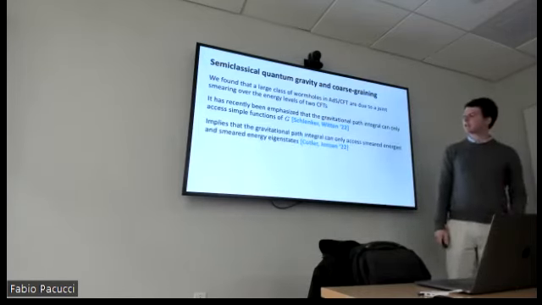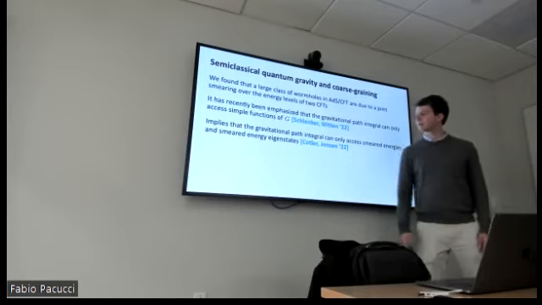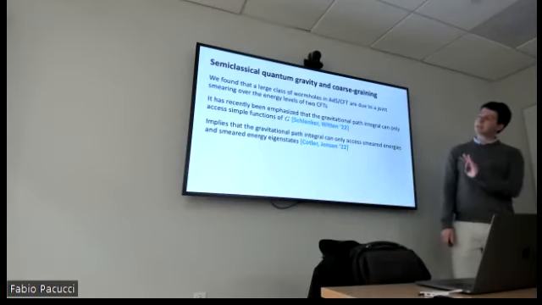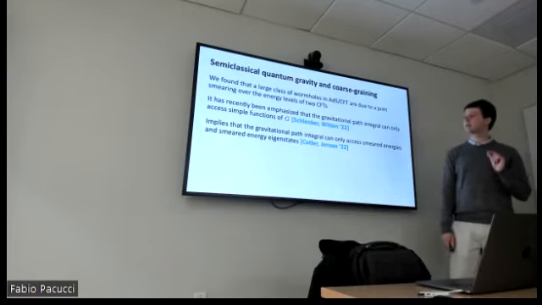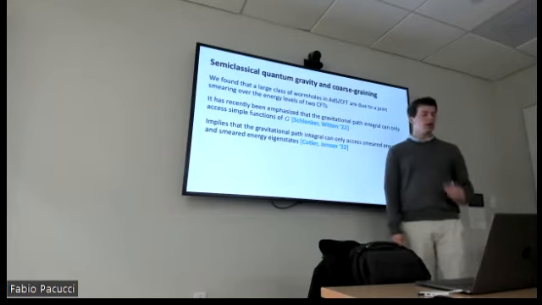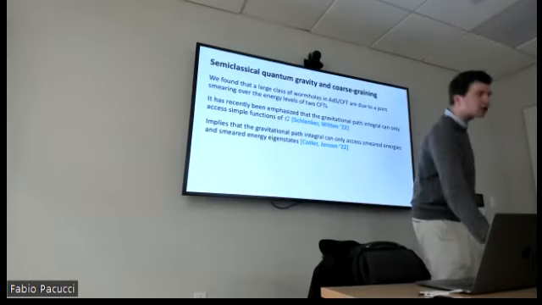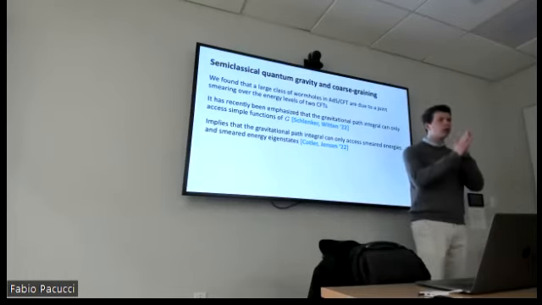A different way of saying this, which is fleshed out in this paper to appear with Christian, is that this in fact implies that the gravitational path integral, in the context of the calculations that I've been sharing with you, can only access smeared energies and smeared energy eigenstates. To say it in a different way, if you're interested in studying the physics of black holes, there's no way that by doing a gravitational path integral, you can access a particular black hole microstate.